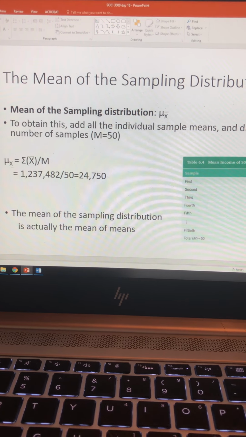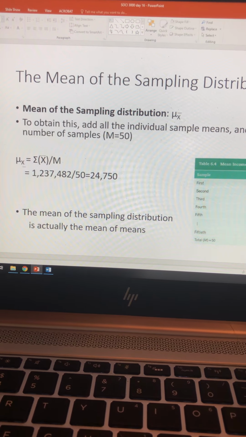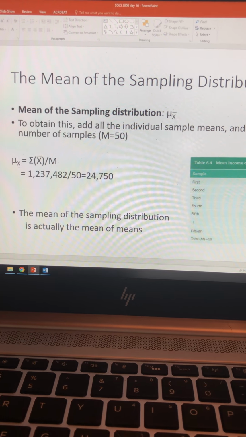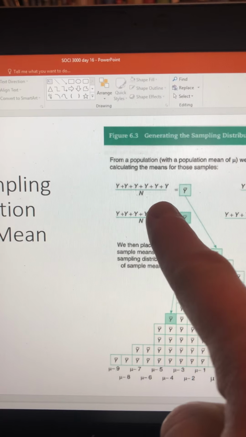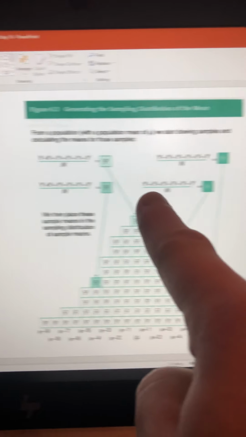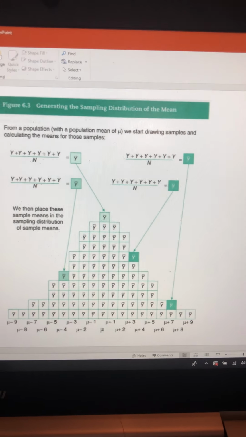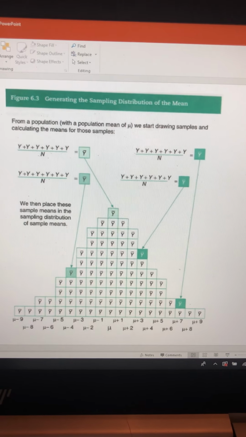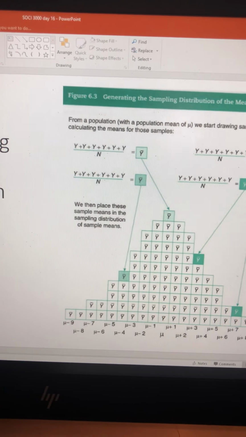Essentially, and this is going to be troublesome for some of you, but bear with me, it's the mean of means. So back here, we took one sample and got a mean, another sample and got a mean, another sample and got a mean. Imagine if we did this 1,000 times, we got 1,000 different sample means.